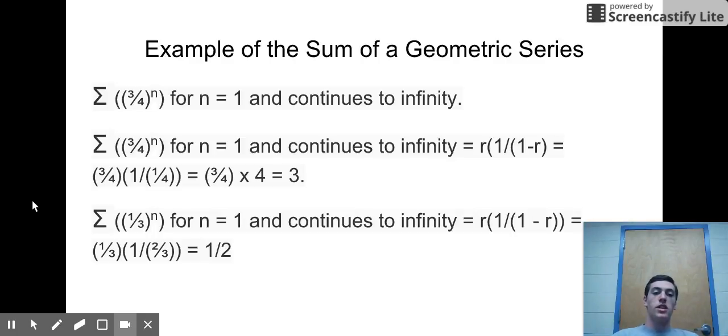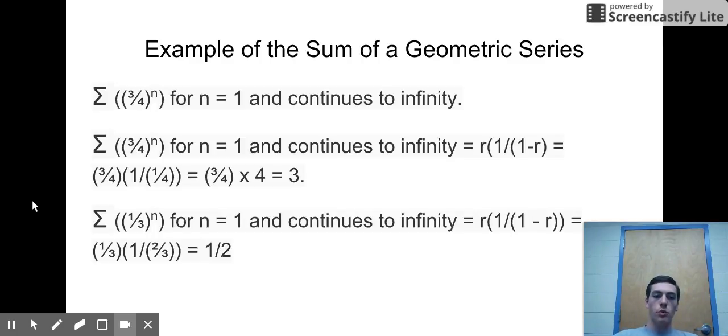The sum is r, which here is the same as the first term, times 1 over 1 minus r. r is 3/4, so it is 1 minus 3/4, which is 1/4, and 1 divided by that is 4, and then 3/4 times 4 gives us 3.